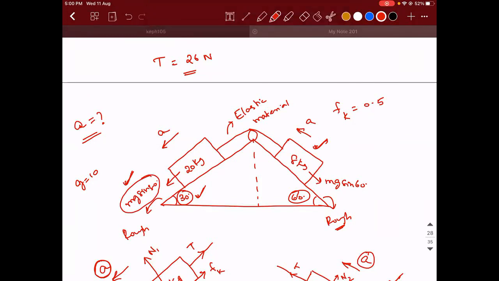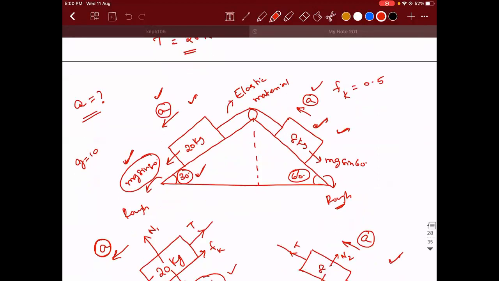That is the reason why I took the acceleration of the 20 kilogram block in this direction and the acceleration of the 8 kilogram block in exactly the same direction, so that when you join them, they will move. So this is also moving along the inclination. This is also moving along the inclination. Are you able to understand what I'm trying to say? Since it's inextensible, it is moving along the same direction. Yes, exactly. Only when it is inextensible, you can say that both the objects have the same acceleration. Else, it cannot have.